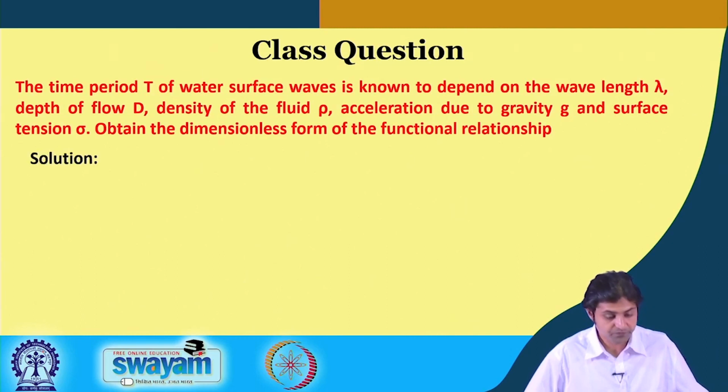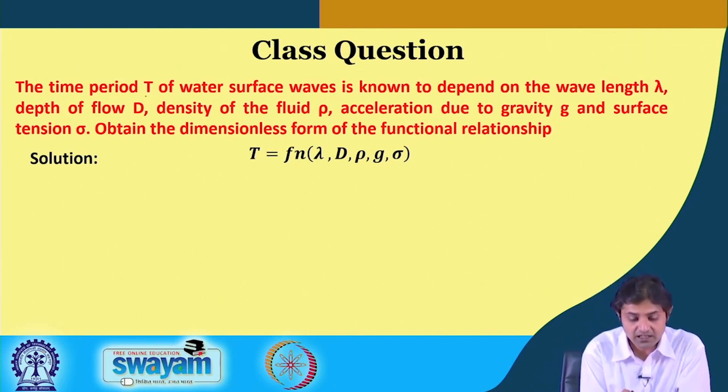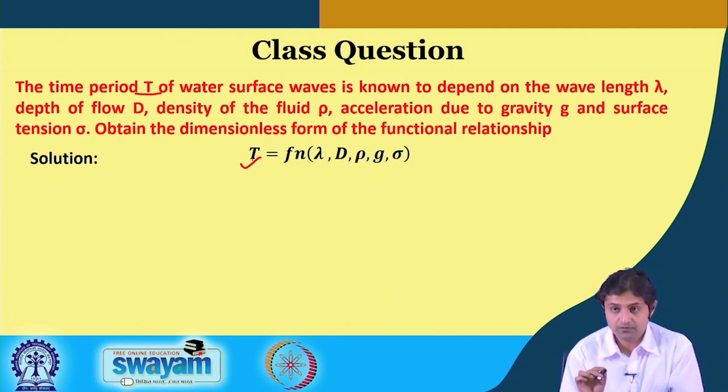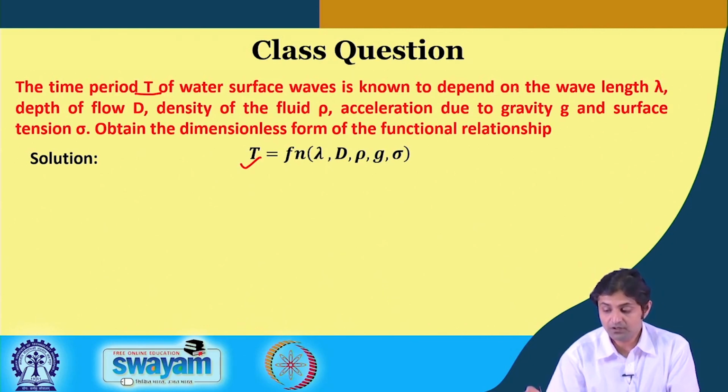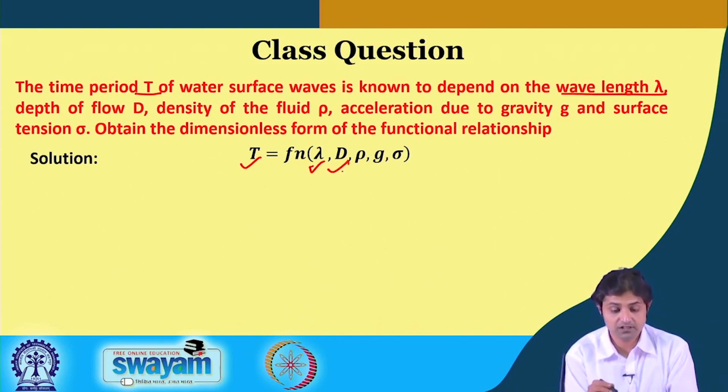All right. So, first we write down all the variables which have been given. It says time period t, that is how we have t. We have to find out t, and it is known to depend on the wavelength lambda, so lambda is here, and the depth of the flow d. It is our good luck that we have already been told what variables the time period depends upon. So, t is not only a non-repeating variable, as we will see later, but also something that needs to be found out.